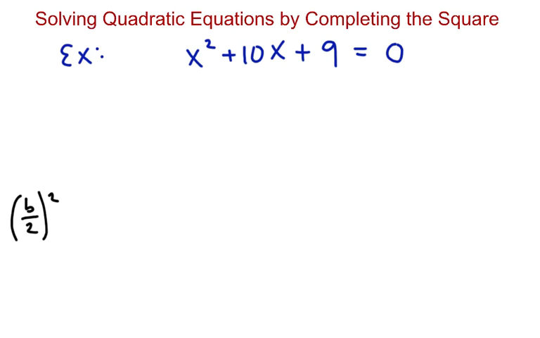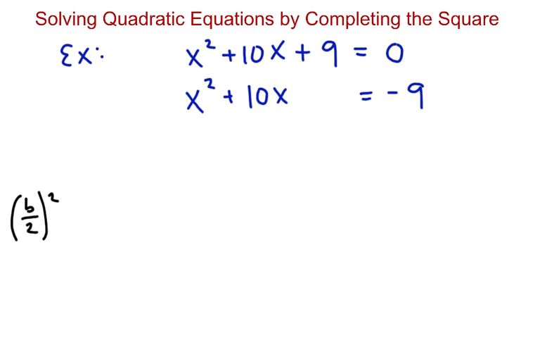The second example that we have here, again, if we talk about the two conditions, our constant is not yet moved over, so let's make that our first step. We're just going to kick the 9 to the other side. So that's done by subtraction, so we'll have a -9. And then the other condition, namely that the coefficient on x squared is 1, is already met, so we don't have to worry about that one.